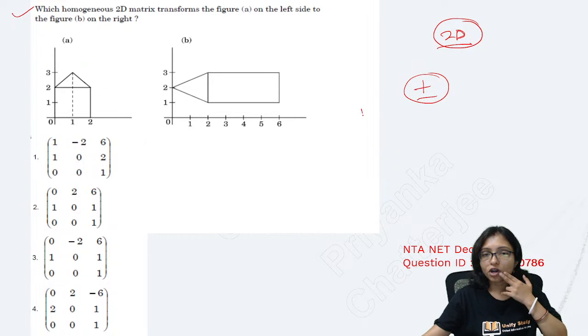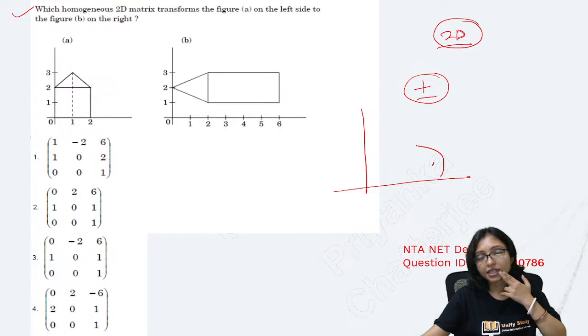Actually, by default, how it is working, this is your x, y, right? By default, we will rotate in this direction. That is our default value. In this direction, we will rotate.